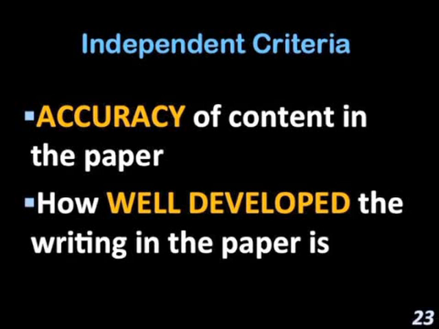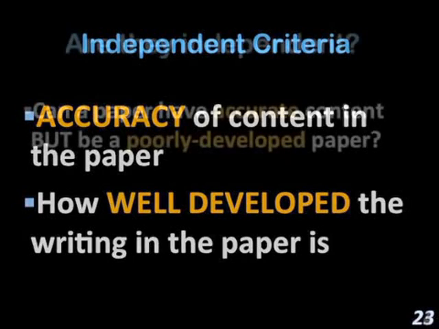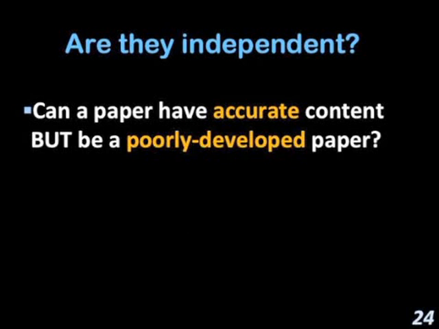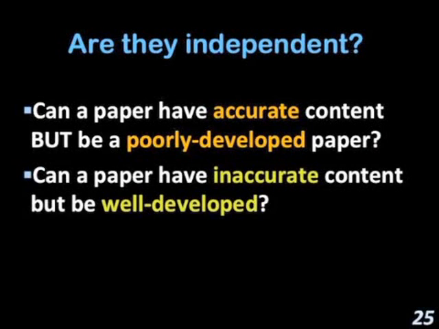Are they independent? Well, it seems so, but let's use a variant of our 2-question test. Can a paper have accurate content but be a poorly developed paper? Yeah. Can a paper have inaccurate content but be well developed?